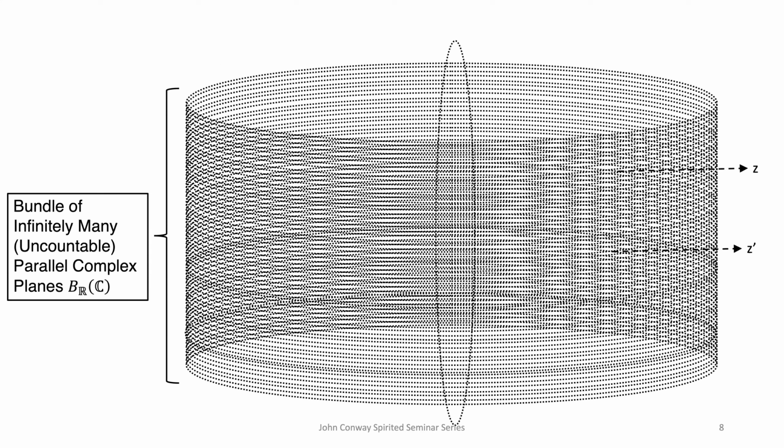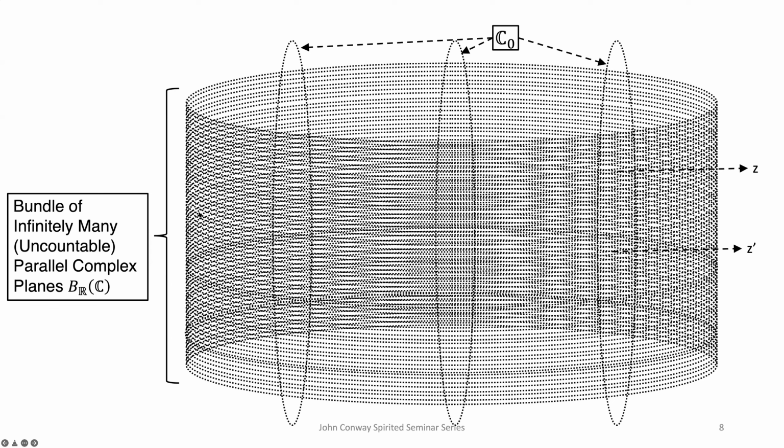And let us consider an orthogonal plane, C0, as I call it. Arbitrarily I considered that location, so it could be anywhere, one of these or any other location, which is orthogonal to the bundle BRC. So BRC stands for the bundle and C0 is this orthogonal plane.